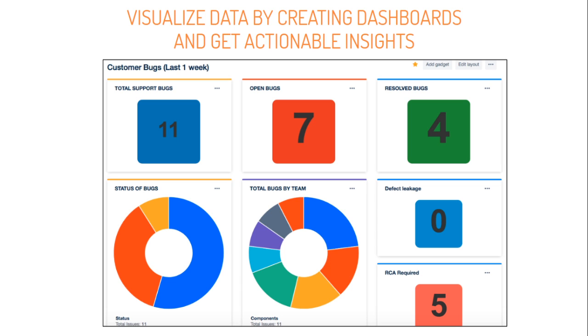We also use this dashboard in our weekly meetings to discuss customer bugs. We use it to analyze some of the patterns in development and testing. So you need to create visual dashboards like this to get some actionable insights.